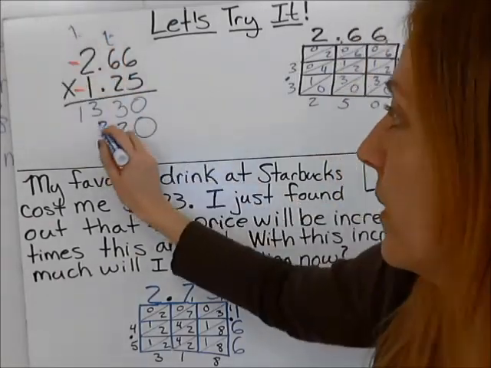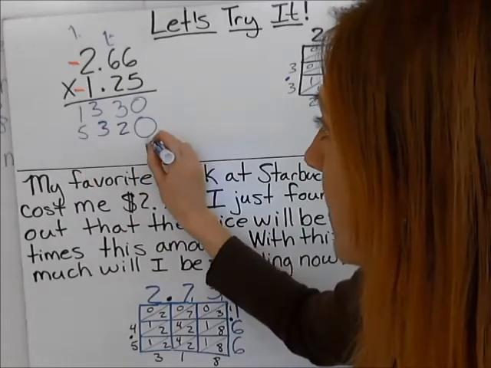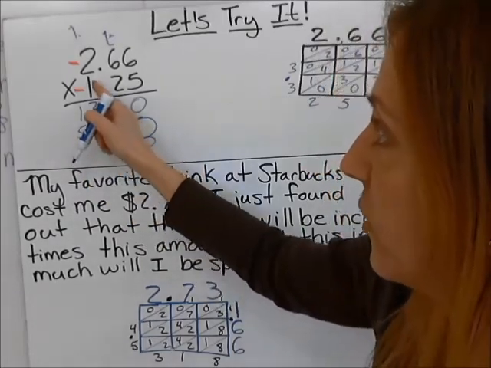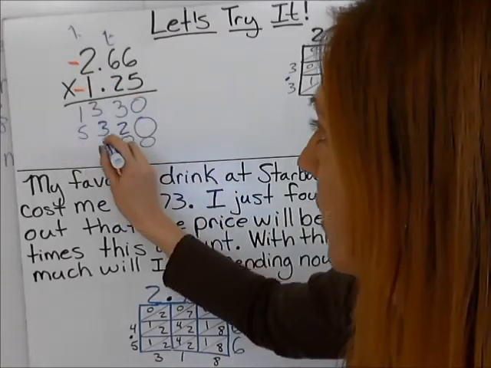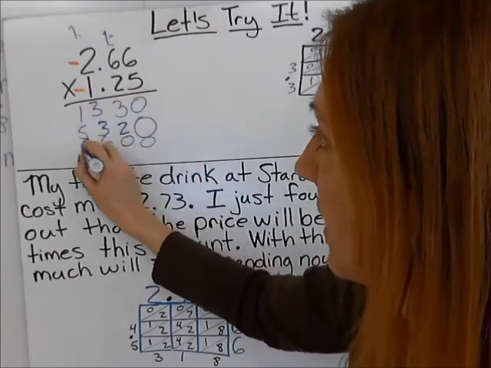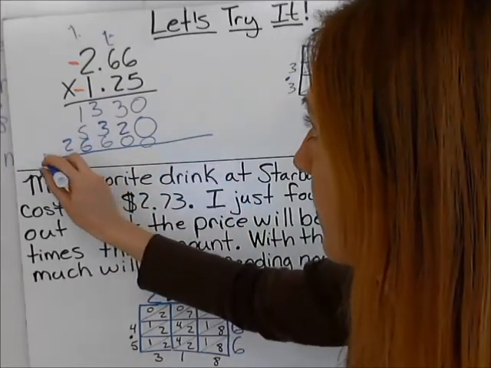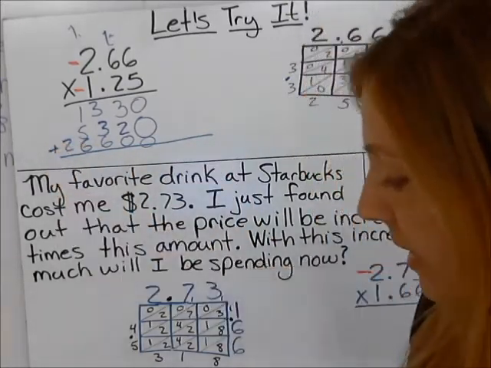And 2 times 2 is 4 plus 1 is 5. And then I put a placeholder in my ones and my tens place. I'm moving to my hundreds. 1 times everything up there is going to be that number. 1 times 6, 6, 1 times 6, 6, and 1 times 2, 2. I'm going to add it all together.